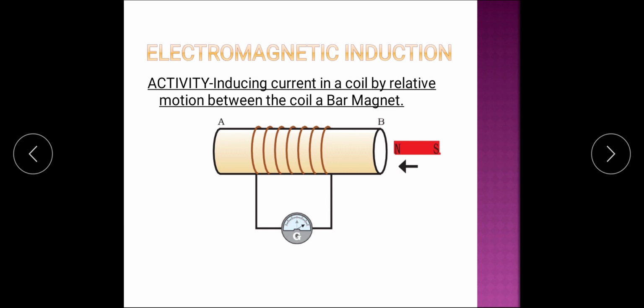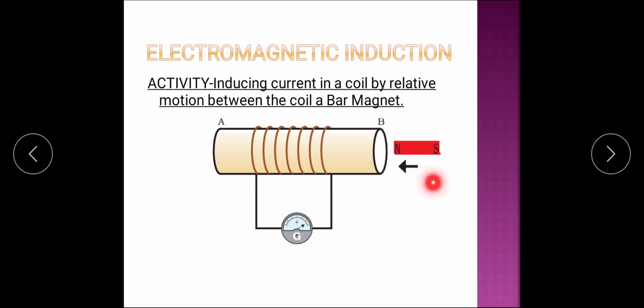Now why is the current induced in the coil? Students, when the bar magnet is pushed in or away from the coil, the magnetic field of the bar magnet linked with the coil continuously changes. And when the magnetic field linked with the coil changes, EMF is induced which generates induced current.